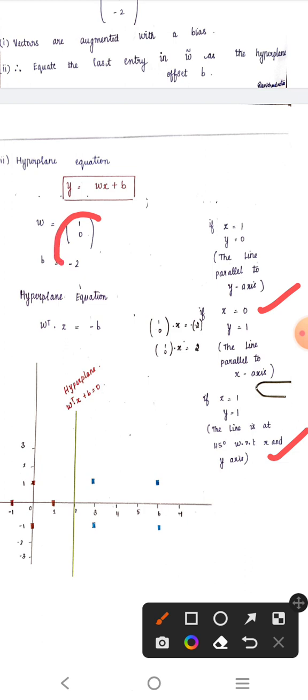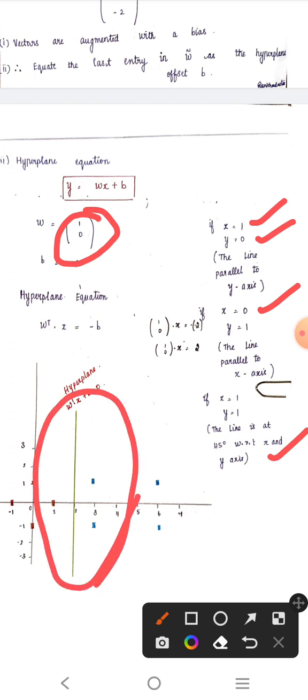But with respect to this problem, it is 1 0, which means x is equal to 1, y is equal to 0, and the line is parallel to the y axis, and it will fall in the first quadrant. And when you substitute in this equation, you will see exactly where the bias b will fall.